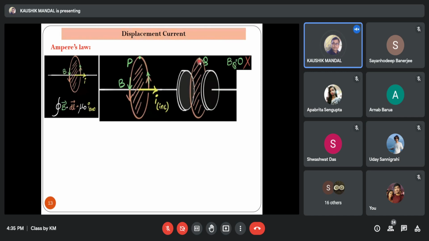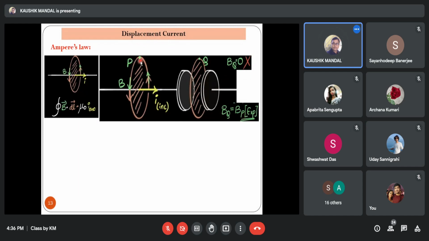But when you perform an experiment, you will see that there is some magnetic field, and it is quite equal to the magnetic field at point P. So if you try to find the magnetic field at point Q experimentally, it will be quite equal to the magnetic field at point P. If you apply Ampere's law directly to find the magnetic field in between the parallel plate capacitor, it will be 0, but that is not actually true.